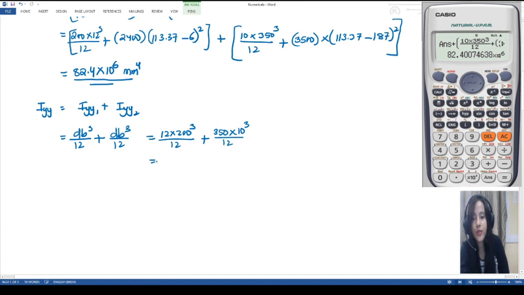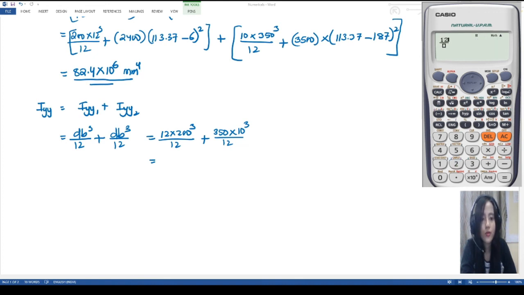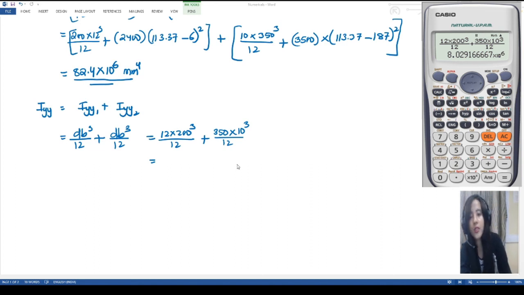So let us see how much we get. 12 into 200 cube by 12 plus 350 into 10 cube by 12.